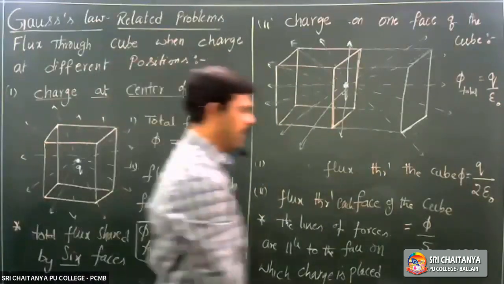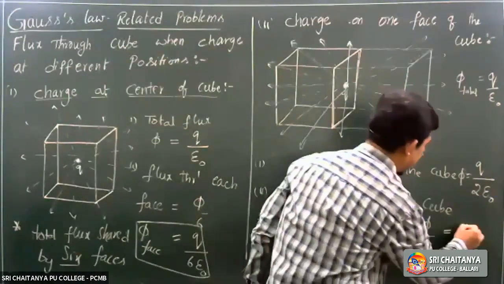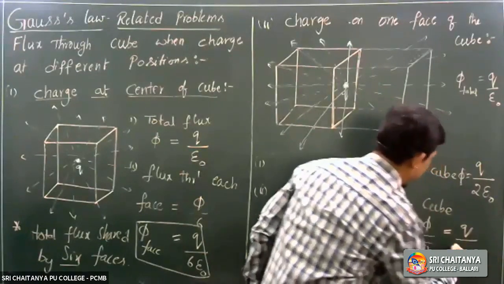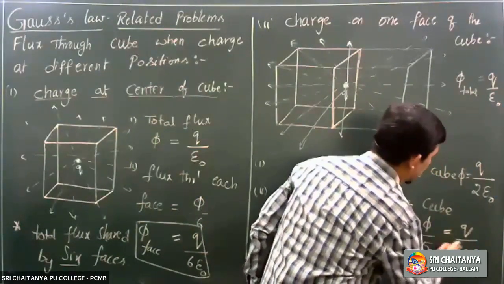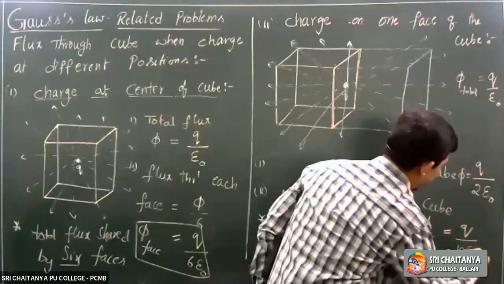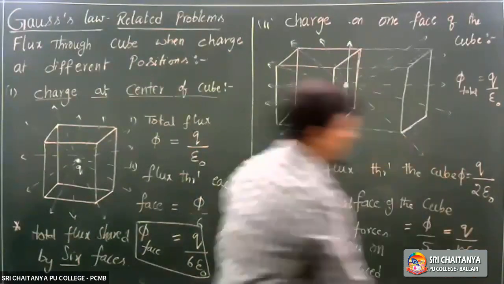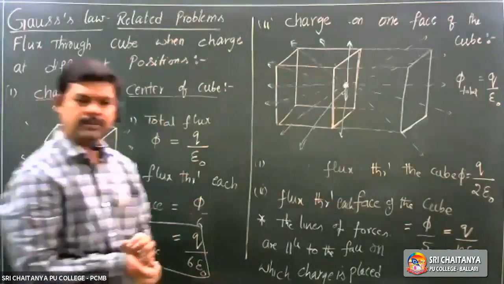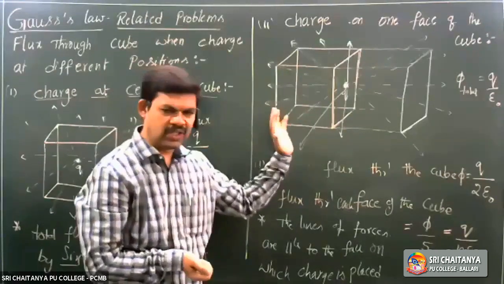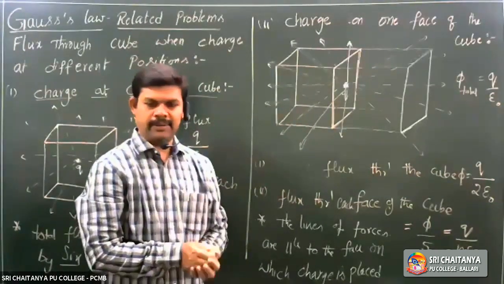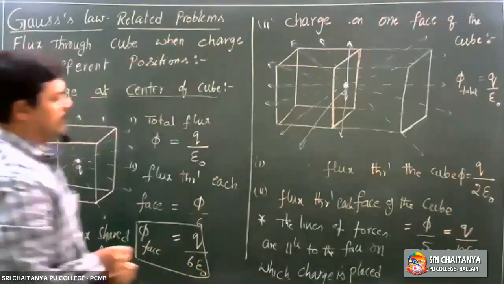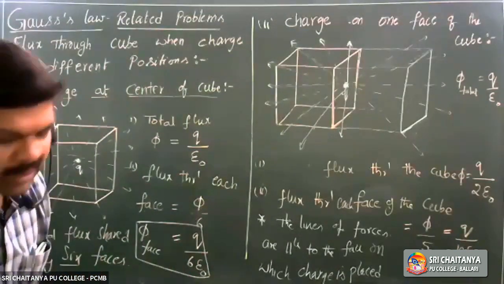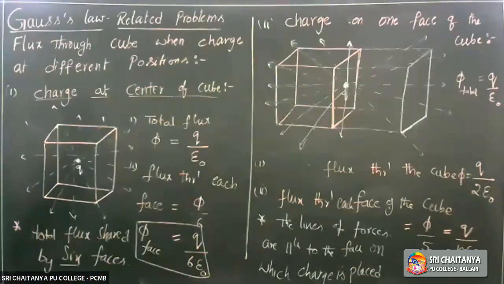So phi by 5, this is q by 5 into 2 epsilon naught, that is q by 10 epsilon naught. This is the answer. Just understand the logic carefully. Come on, note down.